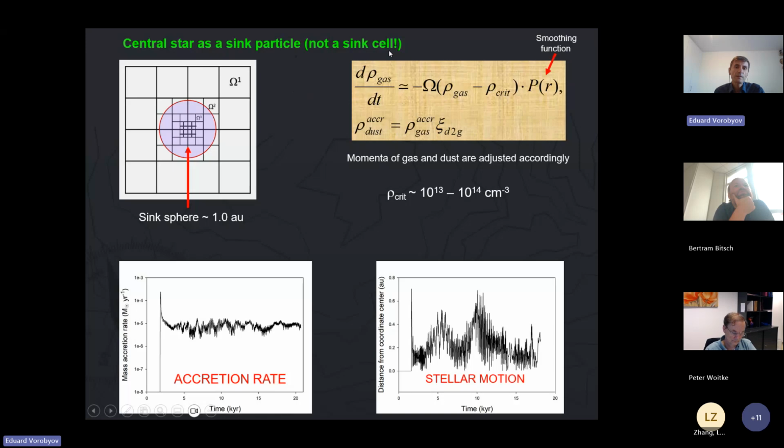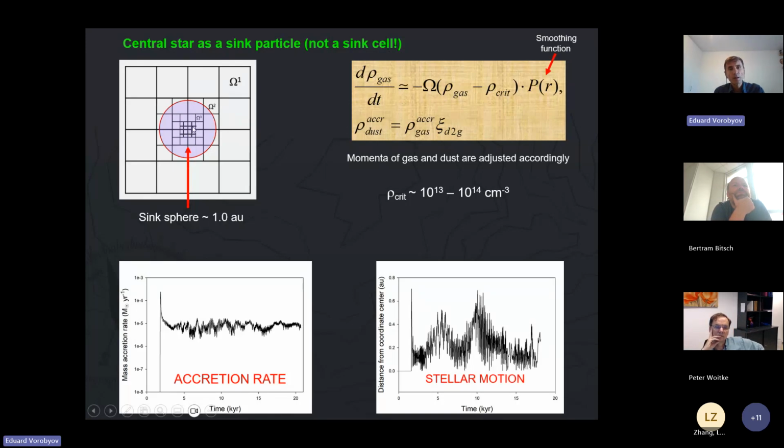So it's not a sink cell. It's not like a sphere which we introduce and it's empty inside, which is what they do in spherical coordinates. But here the fluid is still going. We solve the fluid dynamics equations over the entire grid.